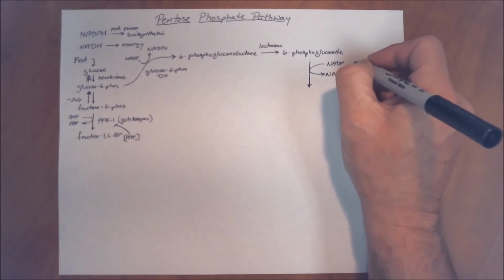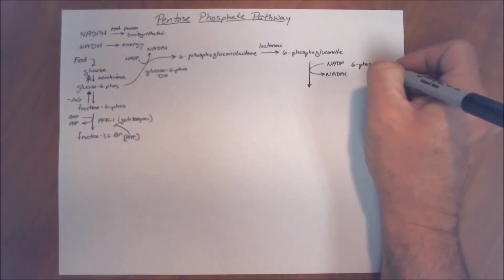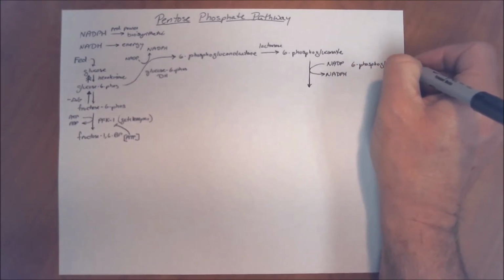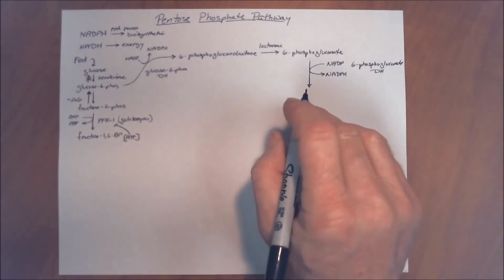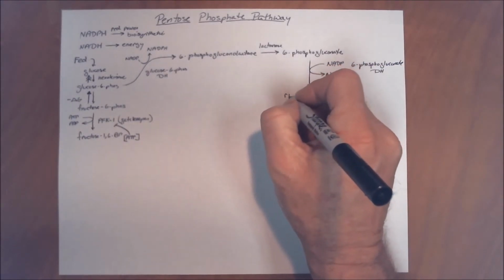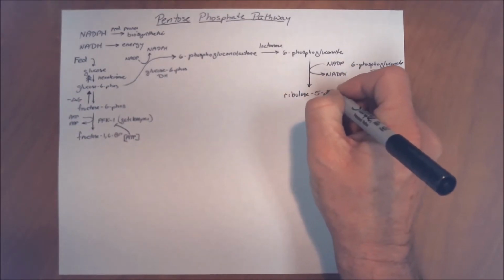The enzyme for this reaction is 6-phosphogluconate dehydrogenase. And the product of this reaction is ribulose 5-phosphate.